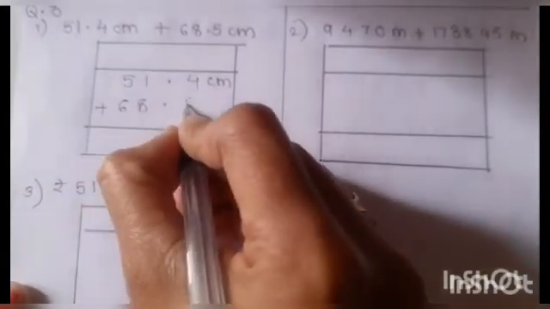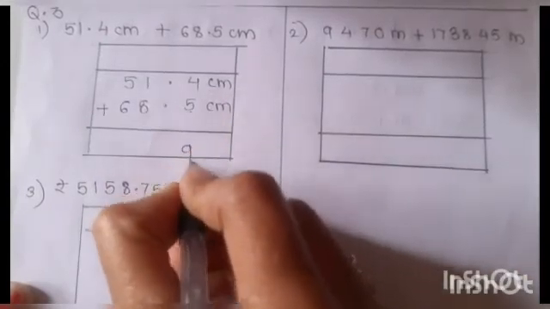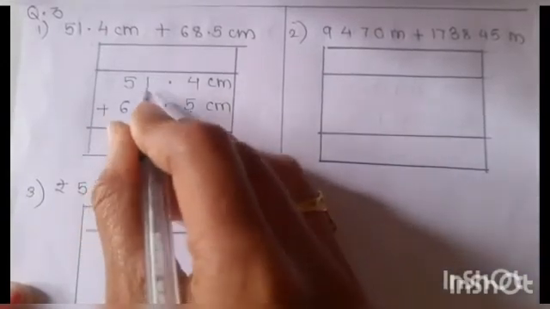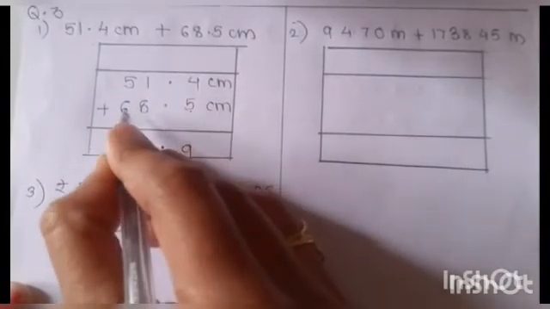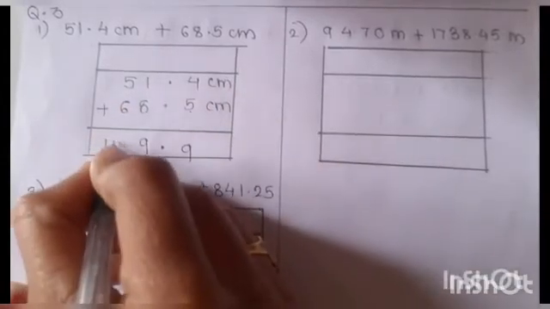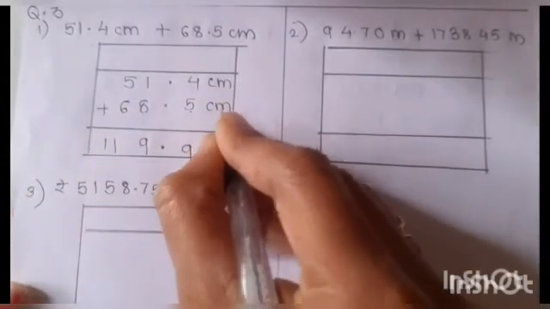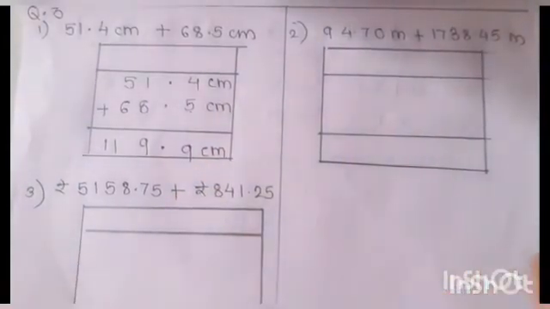Simple addition you are going to do. 9, 9, point under point, 11. Now the centimeter symbol you will write.